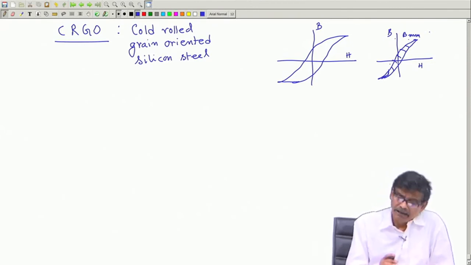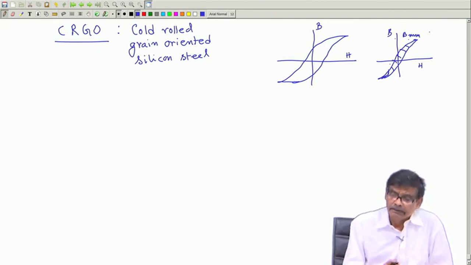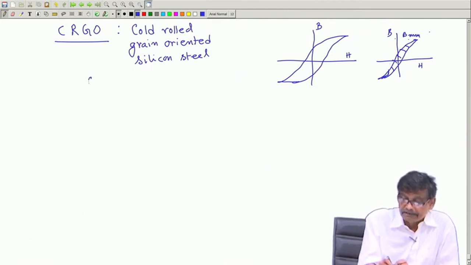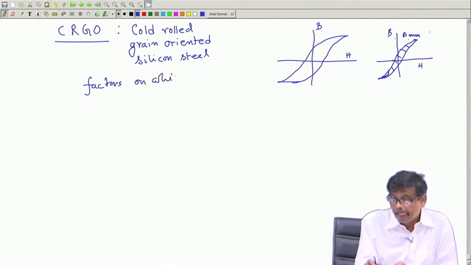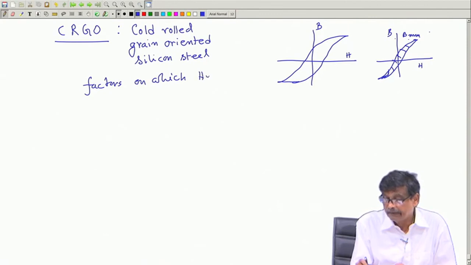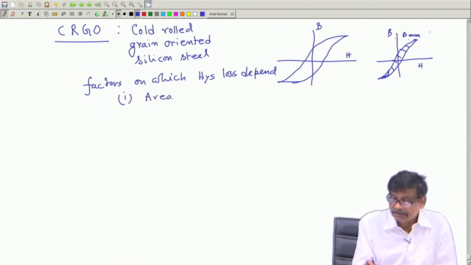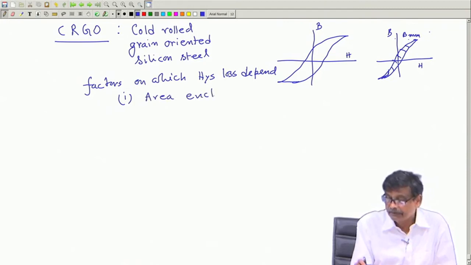Okay. Now, all said and done, we now know the factors on which this hysteresis loss will depend. One is the area enclosed by the loop.